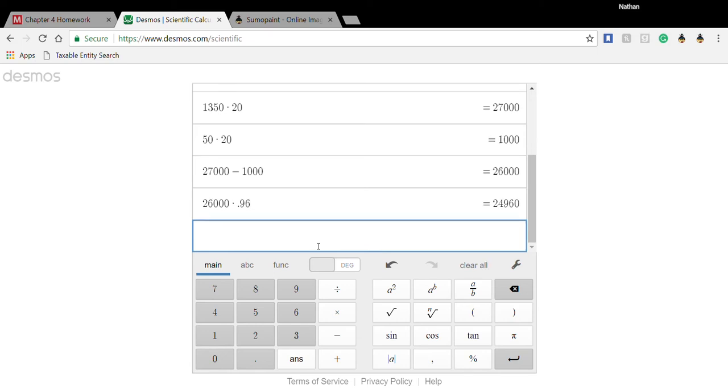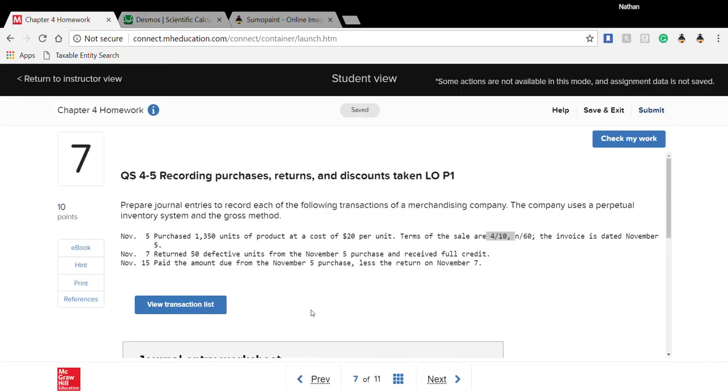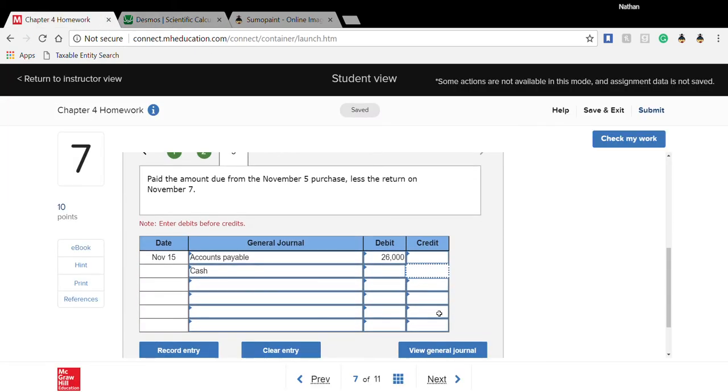So the actual cash we paid was 24,960, which isn't too bad. 24,960. All right. Now, we're the buyer. So our merchandise inventory has to match how much cash we have.